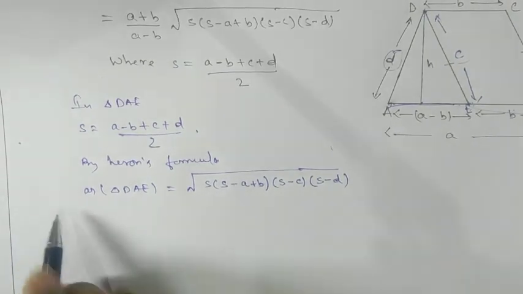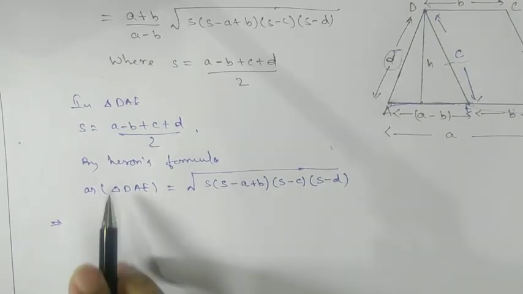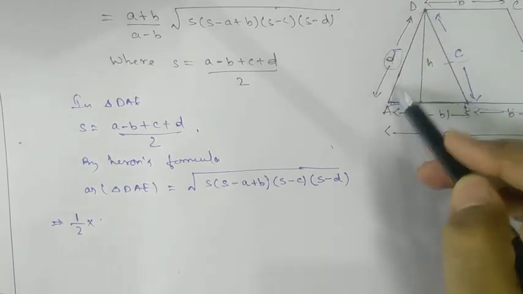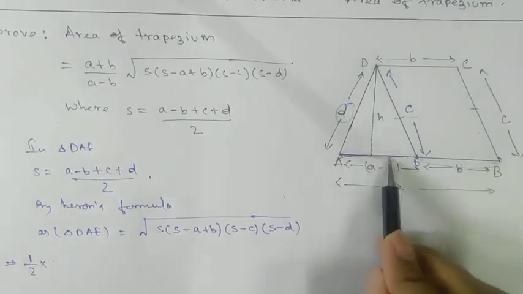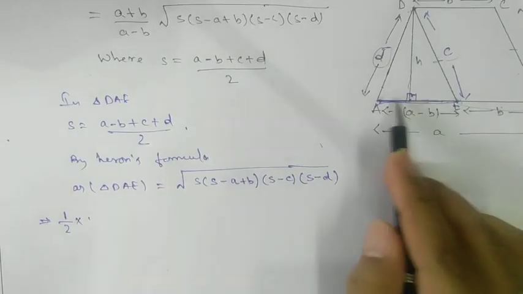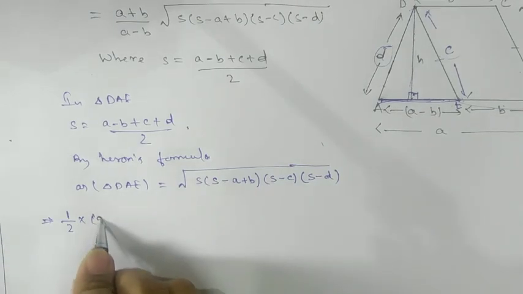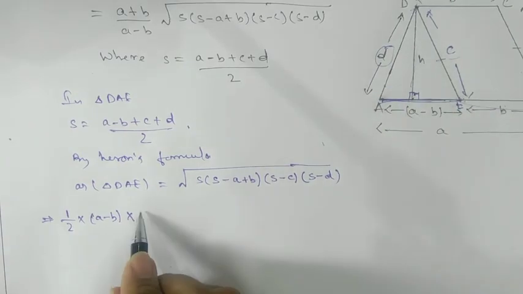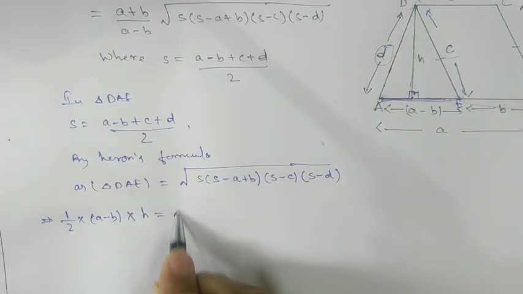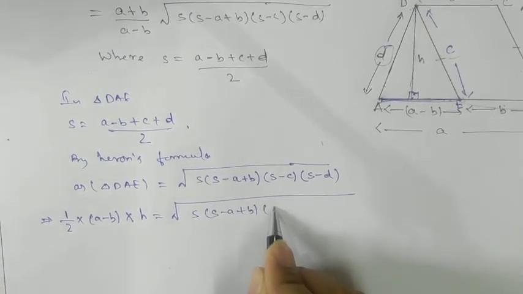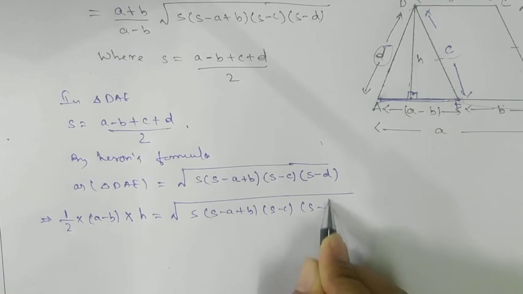Now by another formula, area of triangle can be written as half into base into height. If we go through this one, you can see this is your base, and this can be your height, 90 degrees. That means if we take this AE as your base, a minus b is your base, then height h equals the same thing we'll write: root over s into (s minus a plus b), (s minus c), (s minus d).